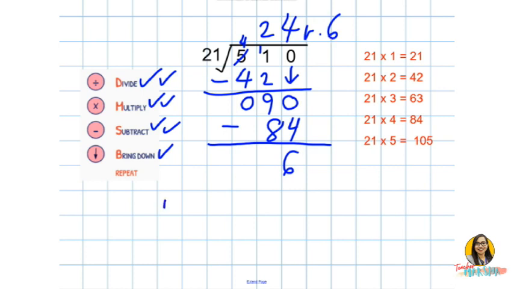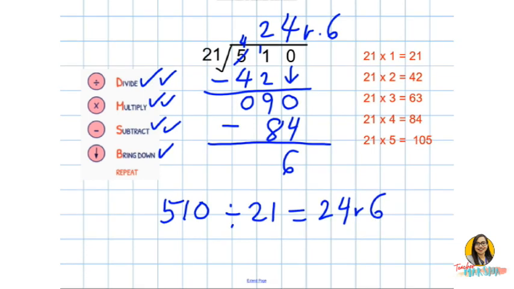So 510 divided by 21 is equal to 24, remainder 6. We can also write the answer as a fraction: 24 and 6 over 21.